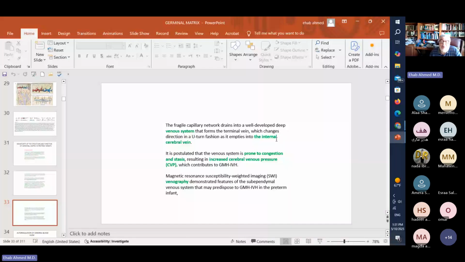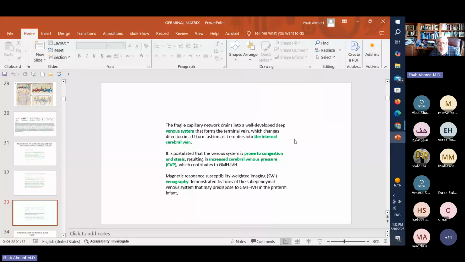Another important issue is about the venous drainage. The venous drainage that comes from these germinal matrix vessels has a very unique flow. It goes in a U-turn fashion to go to the internal cerebral vein.